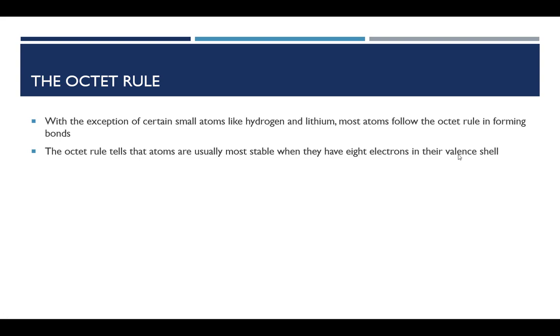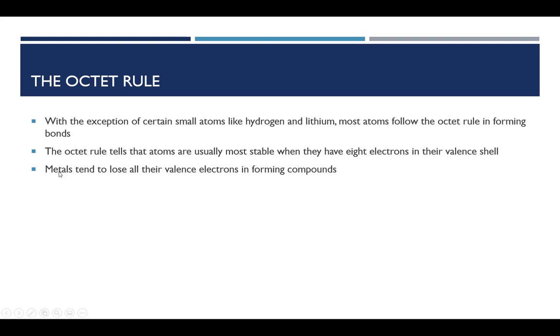And why is that? Well, what elements have 8 electrons in their valence shell? It's the noble gases. And we know that the noble gases are the elements which are the least reactive. So in a way we could say that all the elements aspire to be like a noble gas, at least on the outside, in their valence shell.